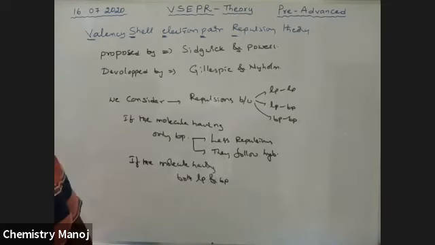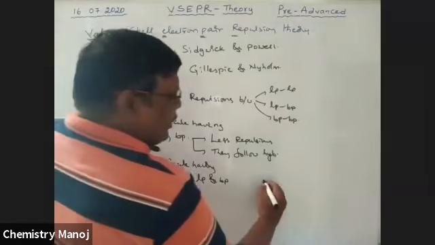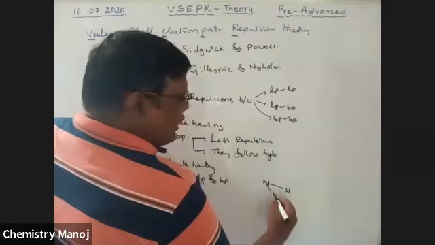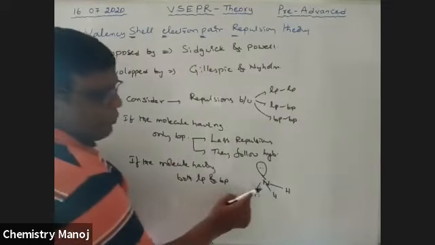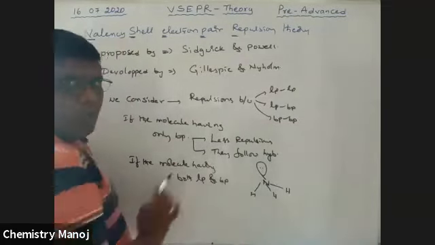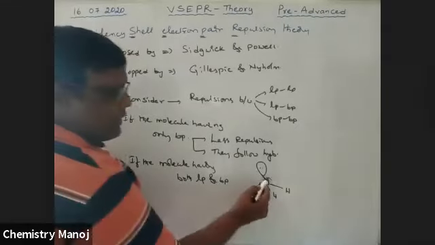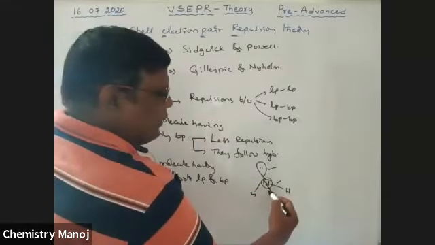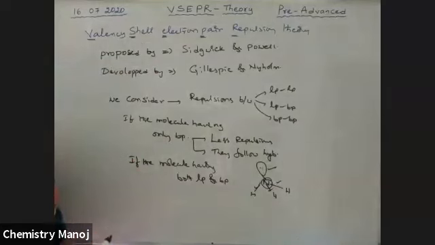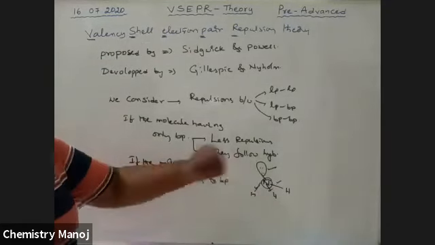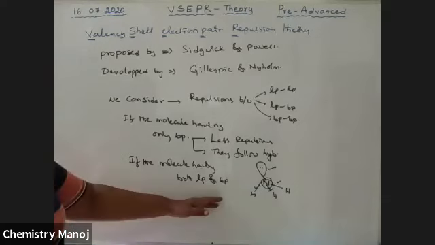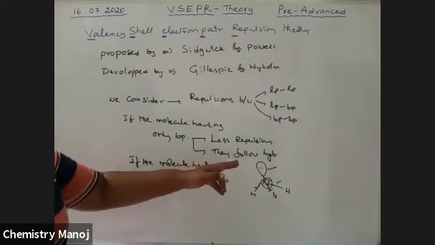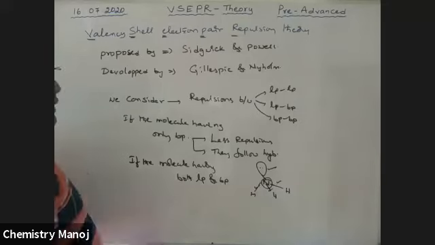Just like in our ammonia molecule, see here, there are 3 hydrogens and a lone pair. Here there are 3 bond pairs and 1 lone pair. That means at the central atom, 1 lone pair and 3 bond pairs are present. In this type of molecule there are lone pair repulsions which dominate. So what is the possibility here?